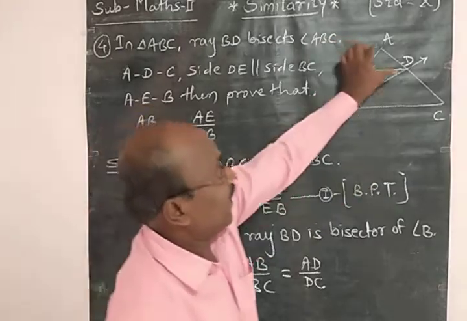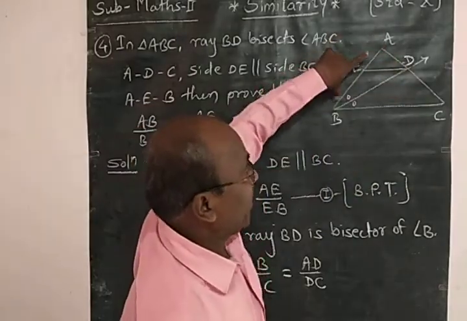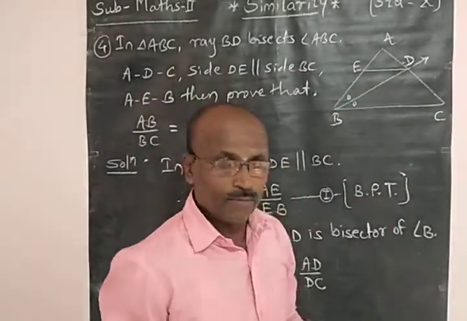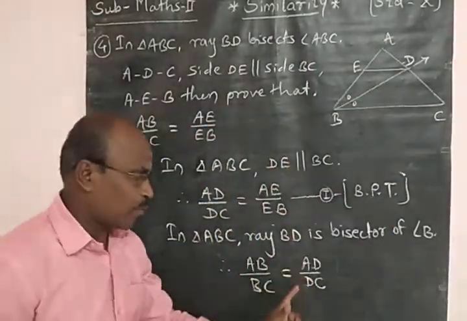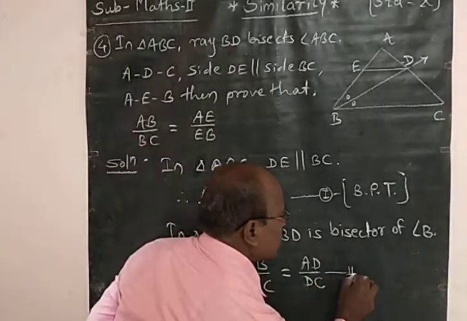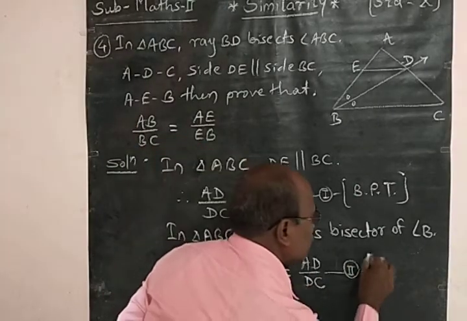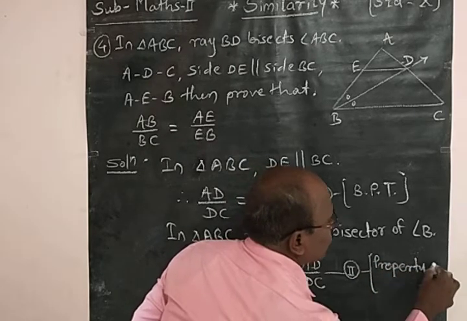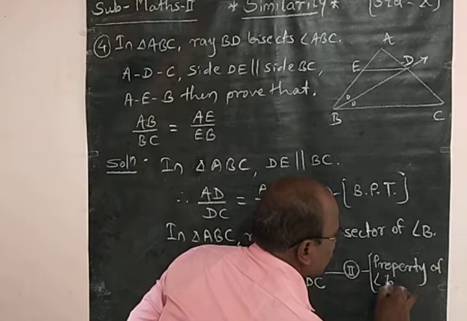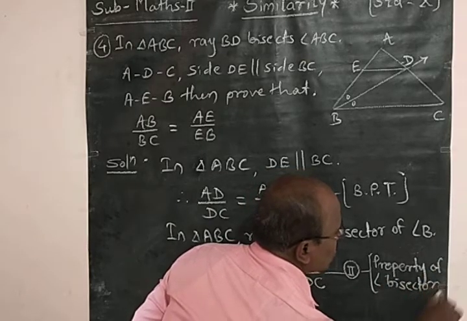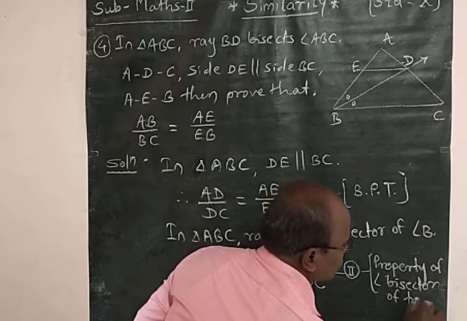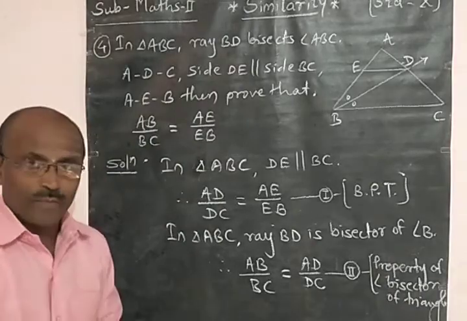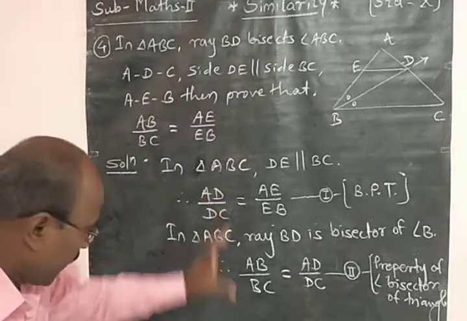That means AD upon DC is equal to AB upon BC, or AB upon BC is equal to AD upon DC. Say this as statement 2 and write the reason, property of angle bisector of triangle. Okay, it's a property.